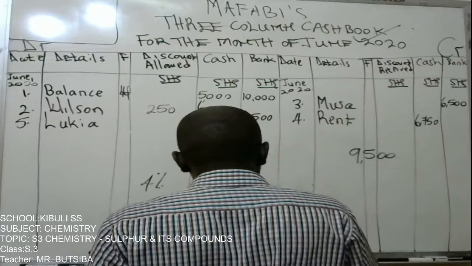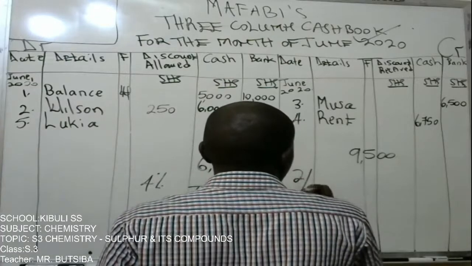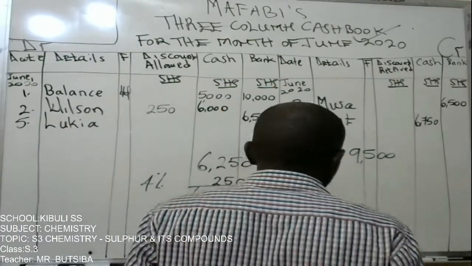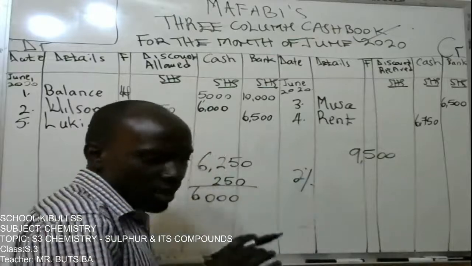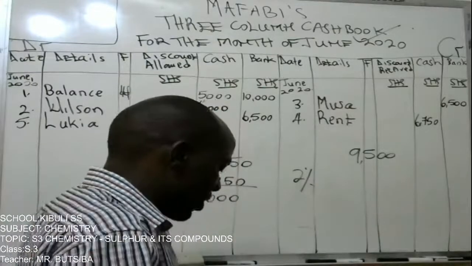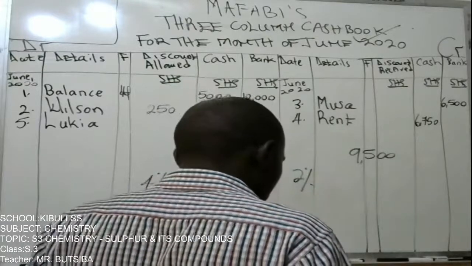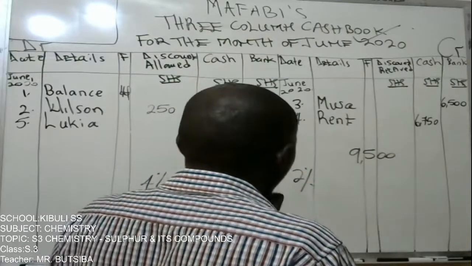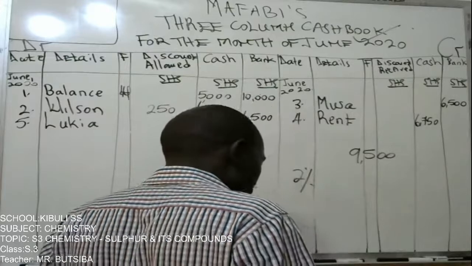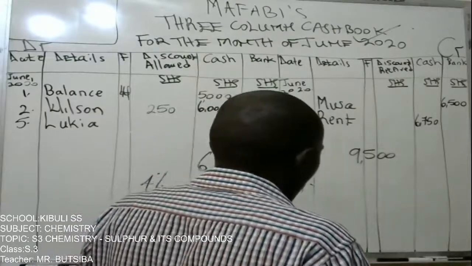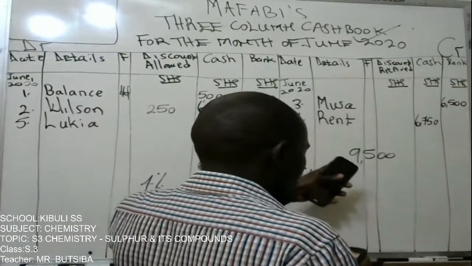If we received a discount of 2%, that means you're going to get 2% of 9,500. So you get your calculator and then get the discount. 2 divided by 100 times 9,500.